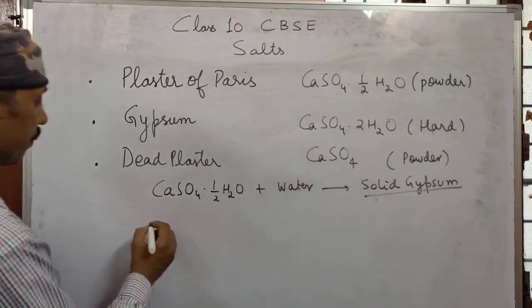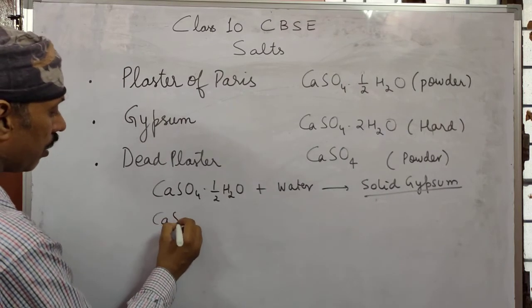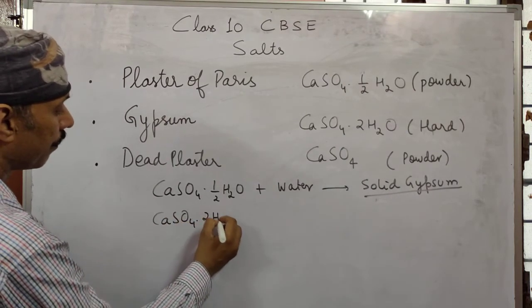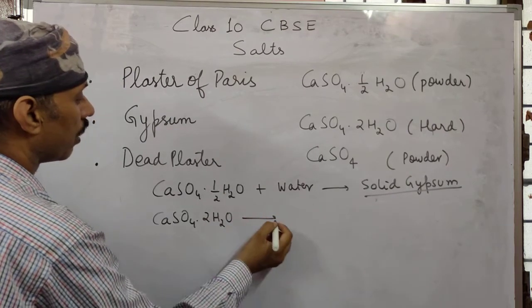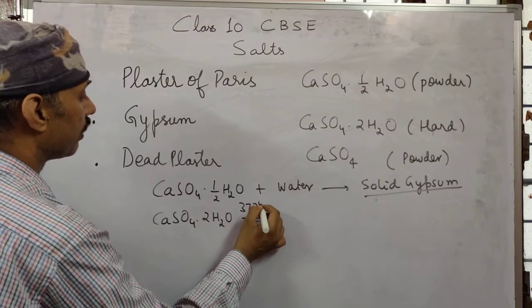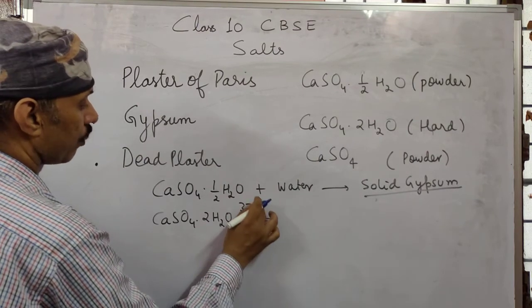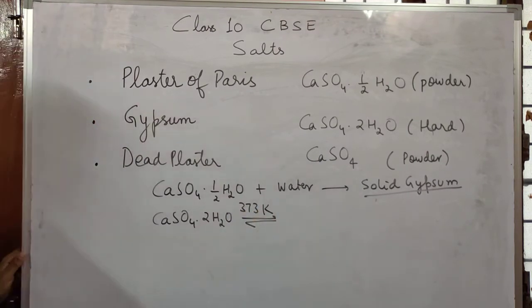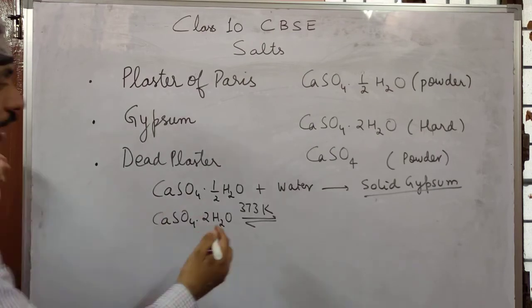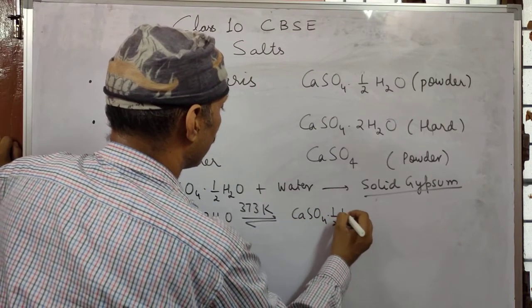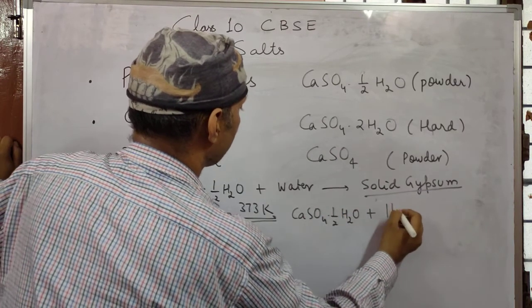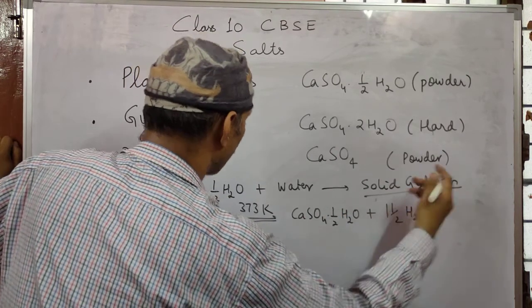Now this gypsum on heating at 373 Kelvin, it dissociates to give plaster of Paris and some water is lost.